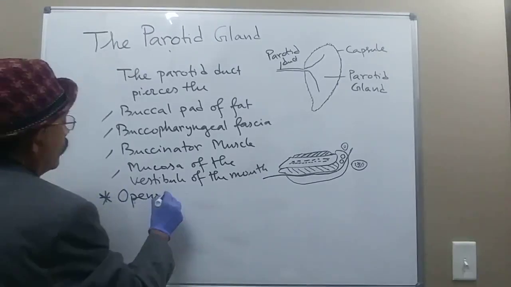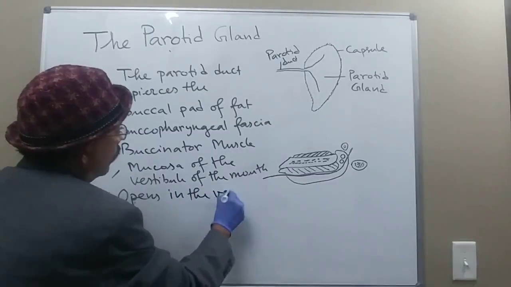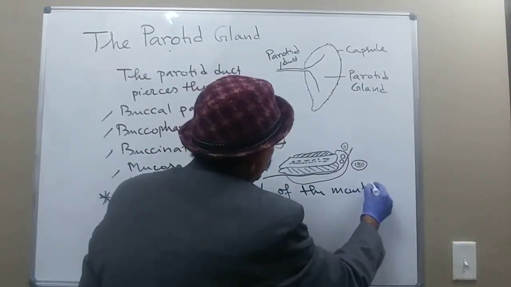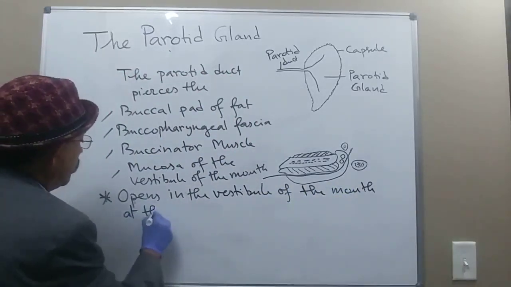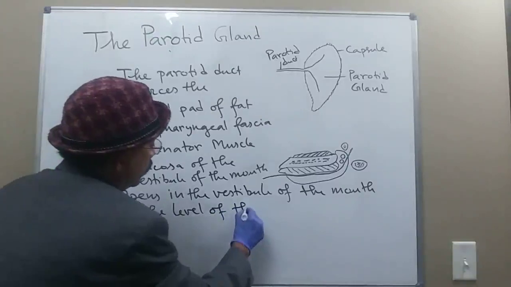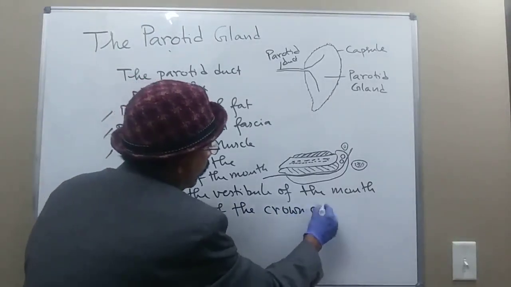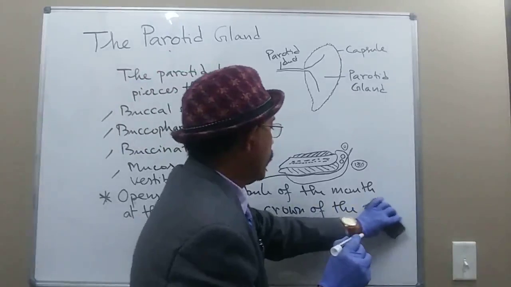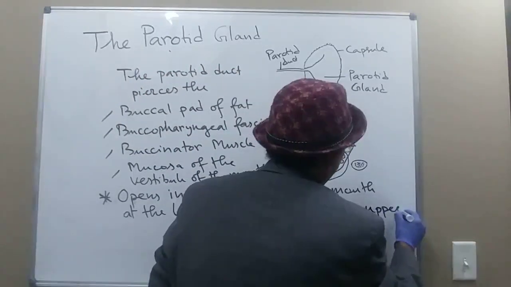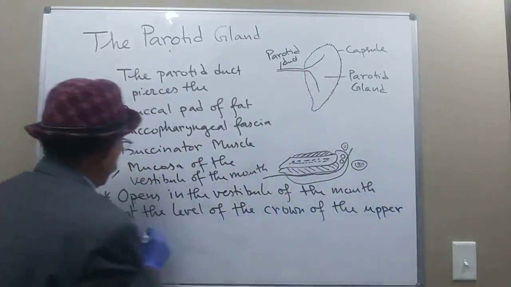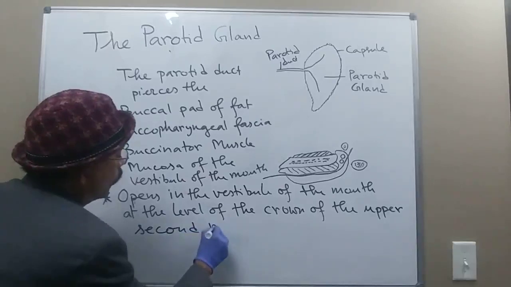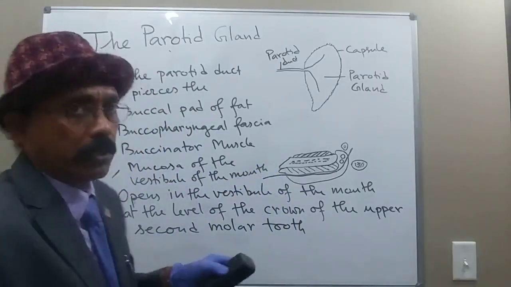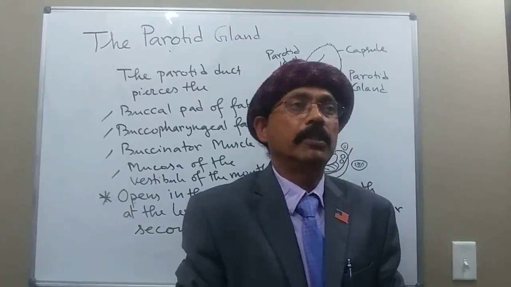It opens in the vestibule of the mouth at the level of the crown of the upper second molar tooth on each side. Okay, we got the parotid duct.